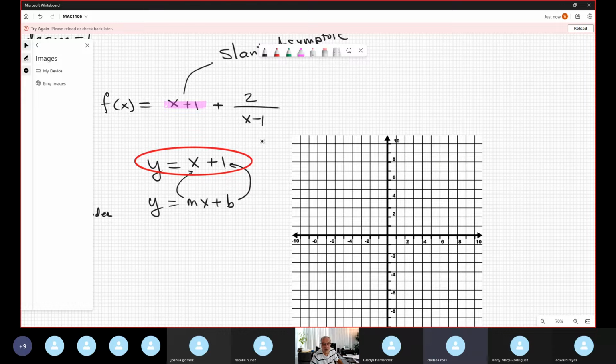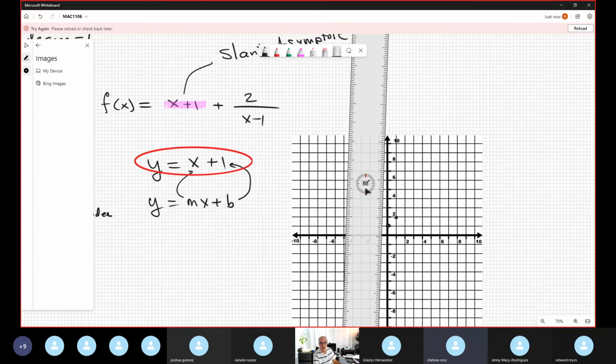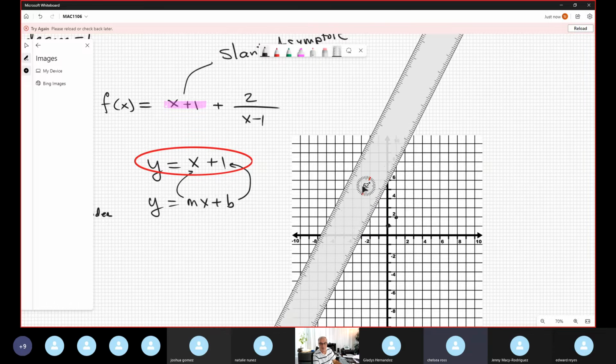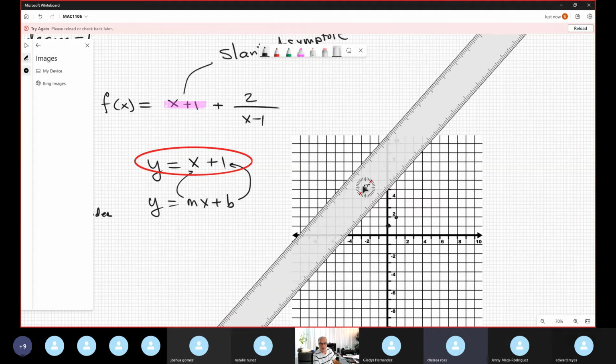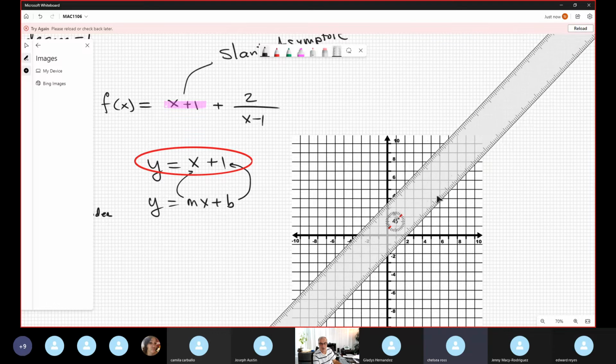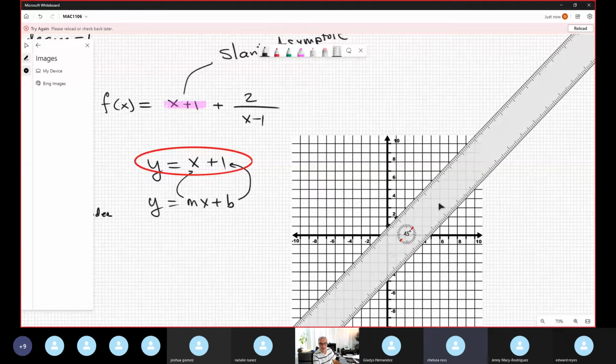Passing through the y-intercept, which is 1. Look at that. I plot this point at b. And then 1 up, 1 to the right. We get the second point, and we connect both points using the rule for 45 degrees. There you go. Of course, it's an asymptote. Yes, an asymptote. We have a dotted line in black color.